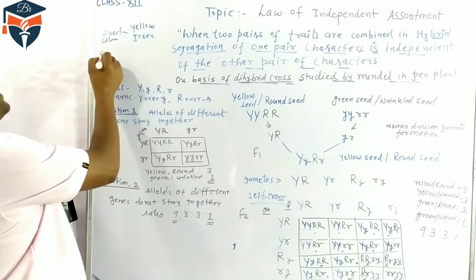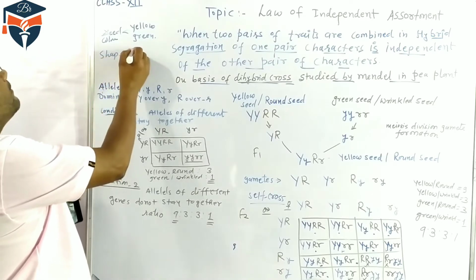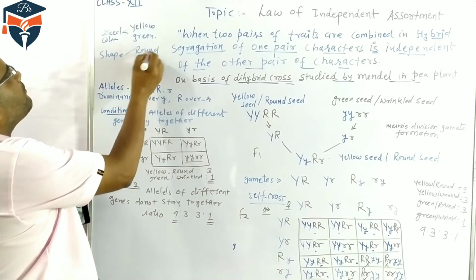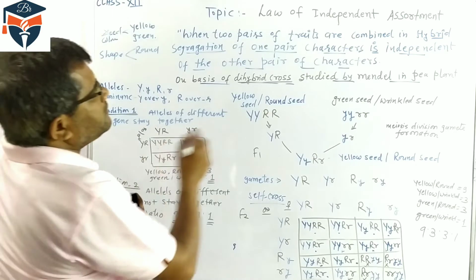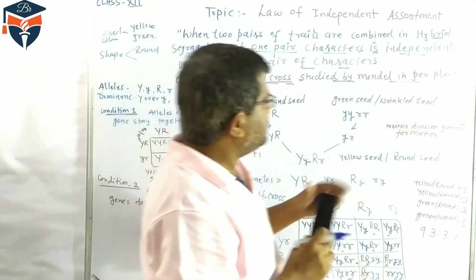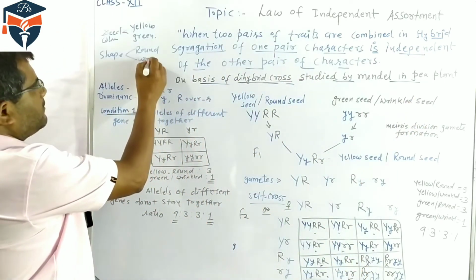And in seed shape, round is the dominant character, and wrinkled seed is the recessive character.